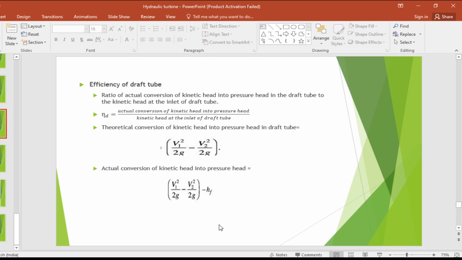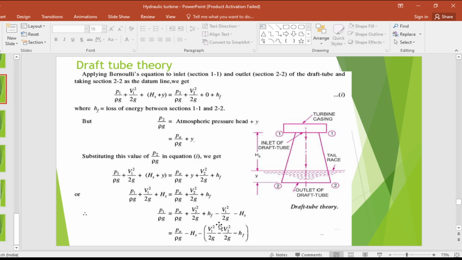By simply substituting all these values, you will get the final equation: P1 upon rho g equals Pa upon rho g minus Hs minus, in bracket, V1 square upon 2g minus V2 square upon 2g, minus Hf.